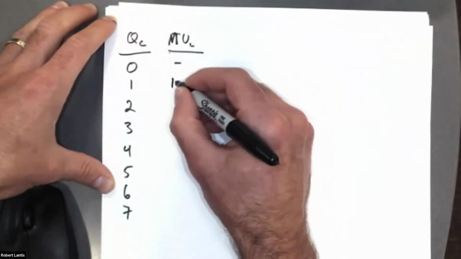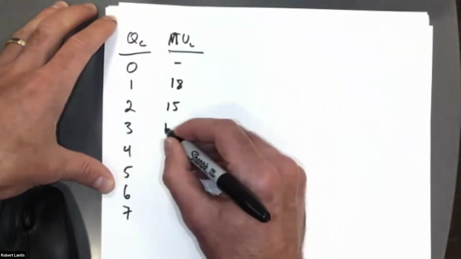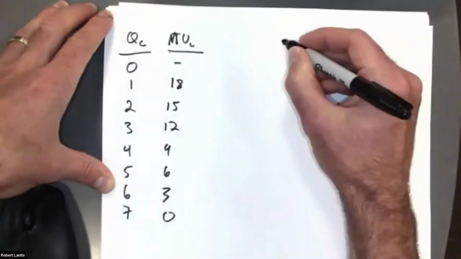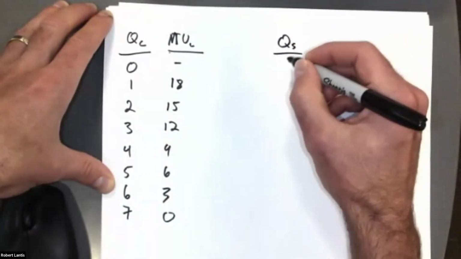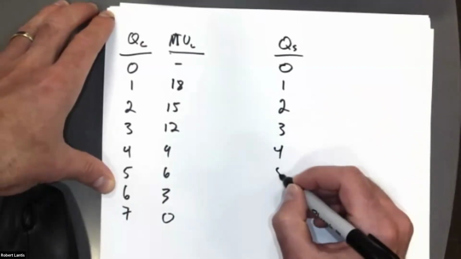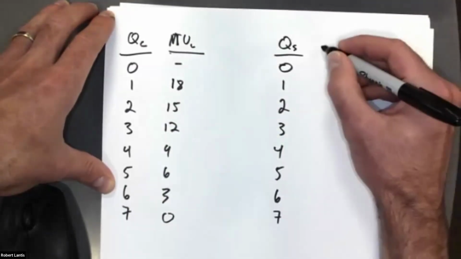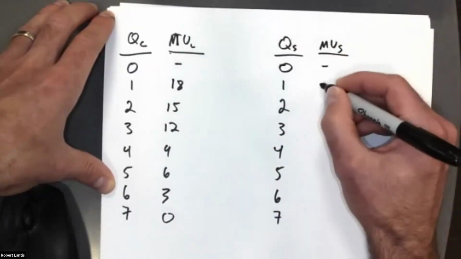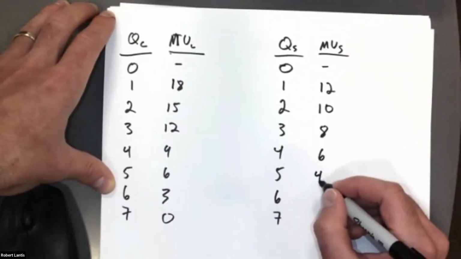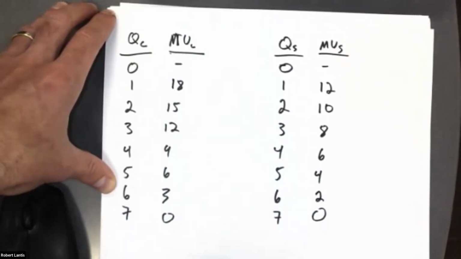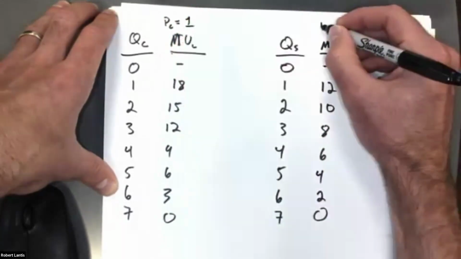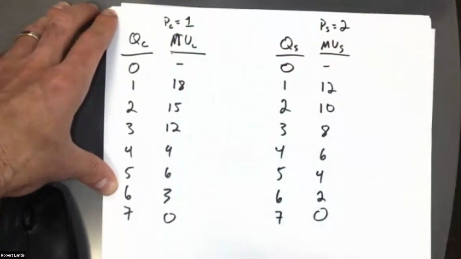So this is what, 18, and then falls by 3 every time. I'm going to leave some space. We've got the quantity of soda, 1, 2, 3, 4, 5, 6, 7. Marginal utility from soda starts at 12, falls by 2. Okay. And we're told the price of a bag of chips is $1. Price of a soda is $2.